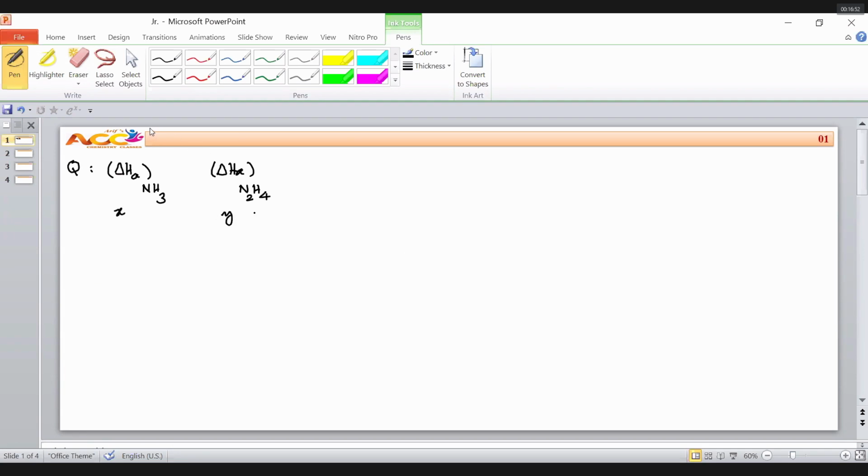X, Y kilocalories per mole. Find average bond energy of N single bond N. He is using the word average bond energy of N single bond N.